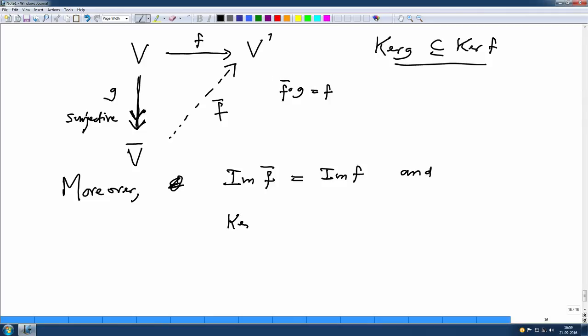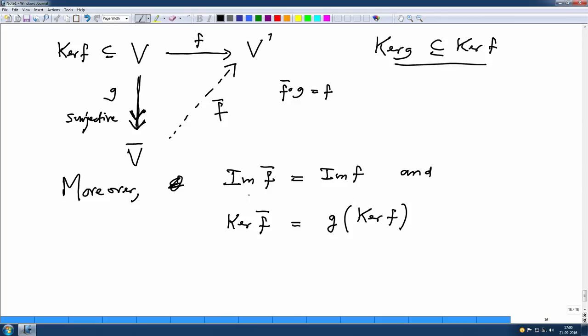Kernel of f bar is the image of the kernel here, g of the kernel of f. Kernel of f is a subspace here. So, you see the new map, we know its image and kernel very well in terms of the image of f and kernel of f. These equalities will be very useful again. So, let us check them.